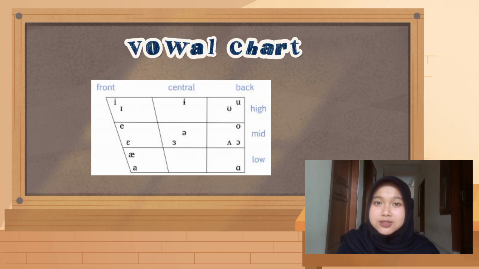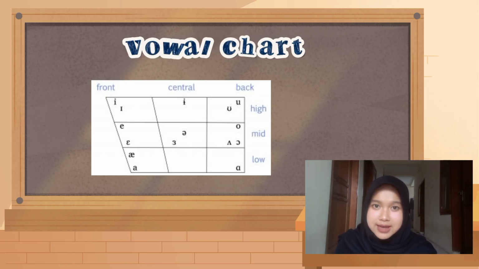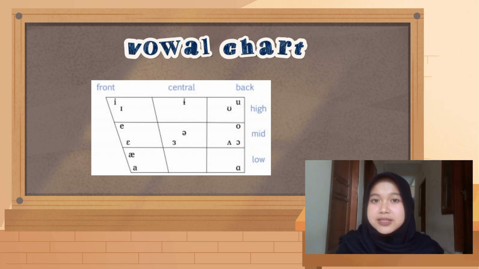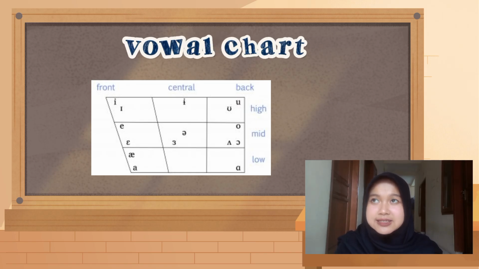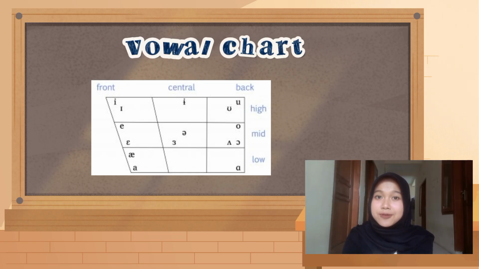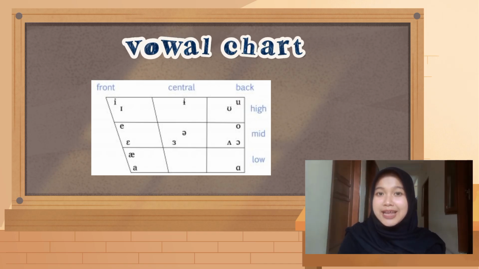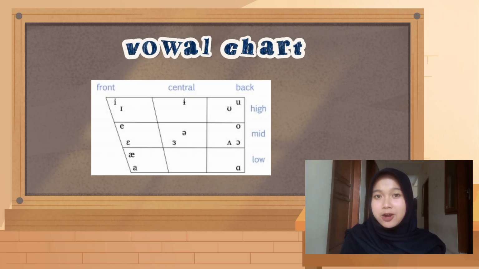This is why consonant sounds feel different from vowel sounds. So, the main difference between vowels and consonants is in the airflow. In vowels, the air flows freely, and in consonants, the air is blocked or stopped.